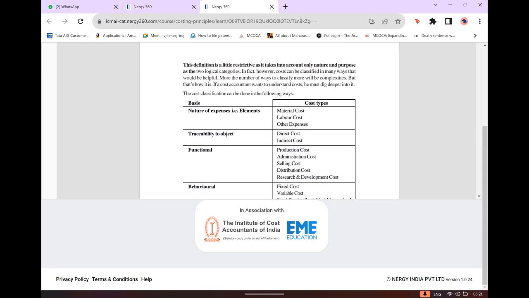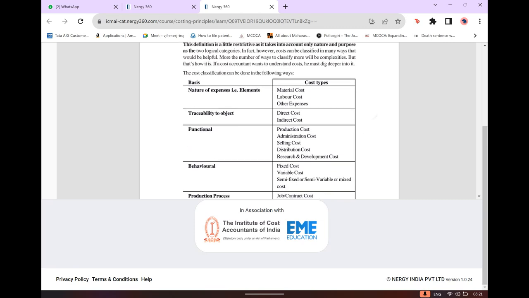Then on the basis of traceability to object, I can have either direct cost or indirect cost. Direct cost is directly attributable to that product. Indirect cost will be allocated to that particular process. So on the basis of traceability, it can be direct cost and indirect cost.